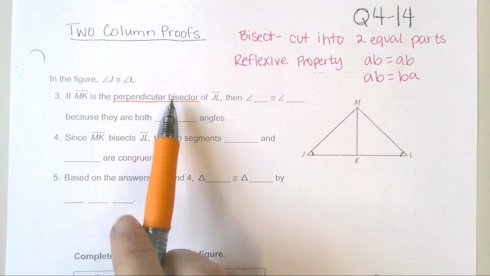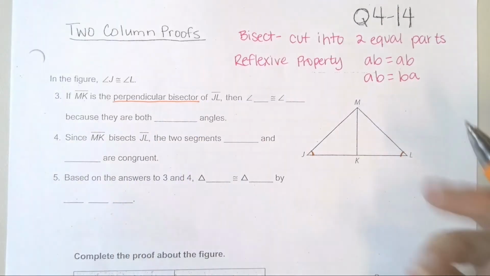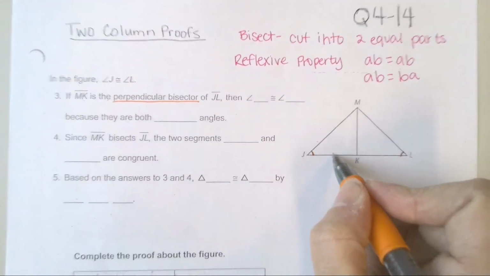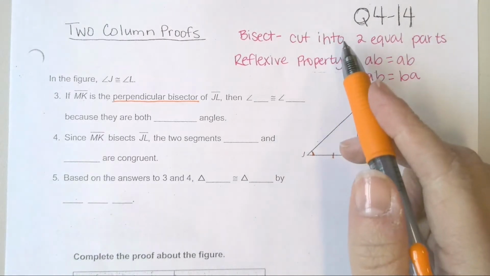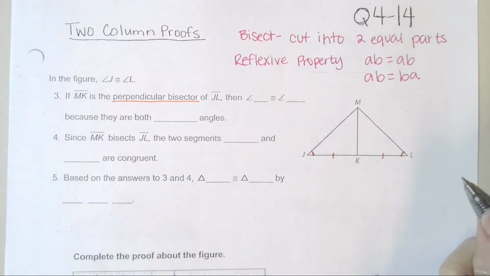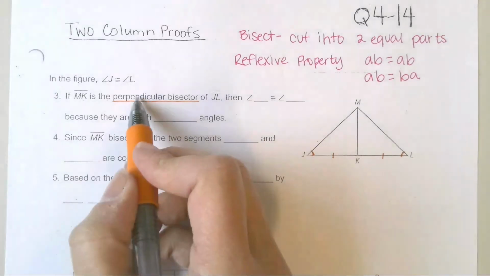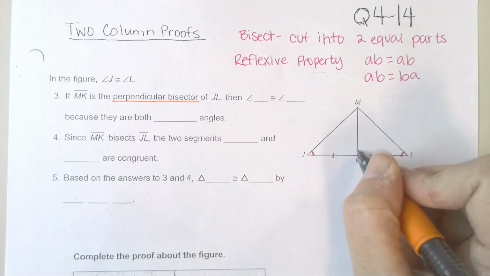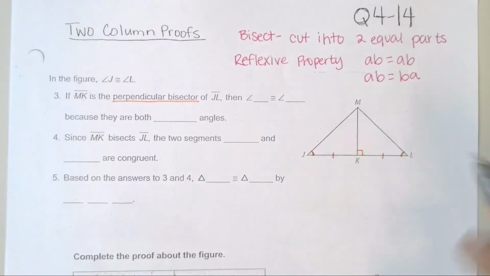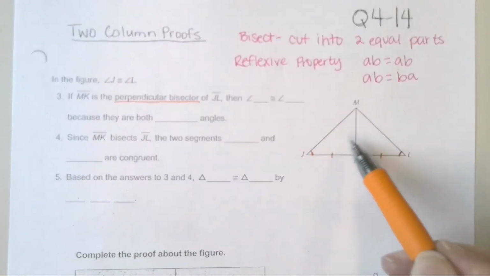MK bisects JL, which means here that these two parts are equal, because that's the definition of bisect. Perpendicular means that these two lines meet at a right angle. So that means that this is a right angle and that this is a right angle.